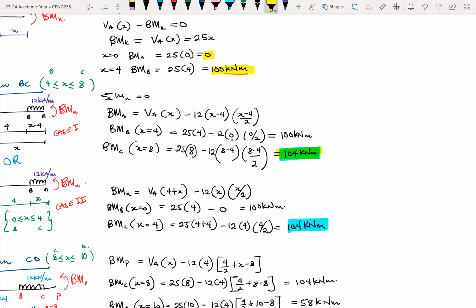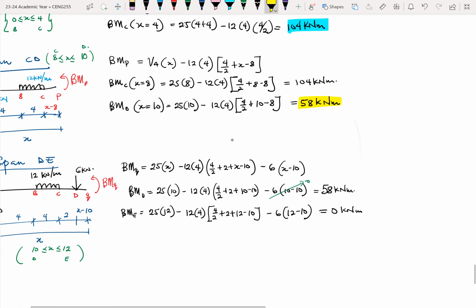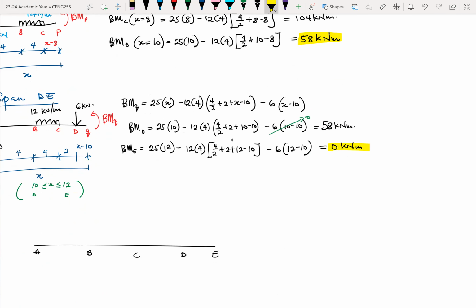At C is 104. At D is 58. Then at E is also 0. So this is 0, 100, 104, then 58, and then at E, it's 0.